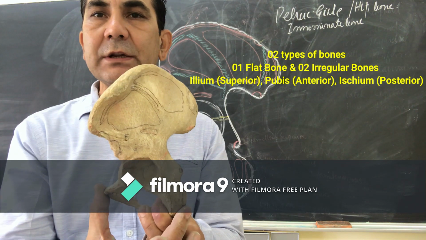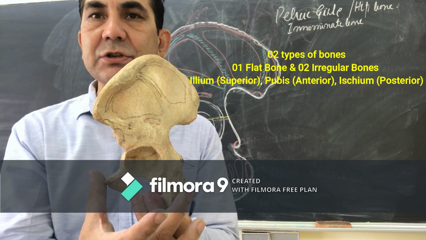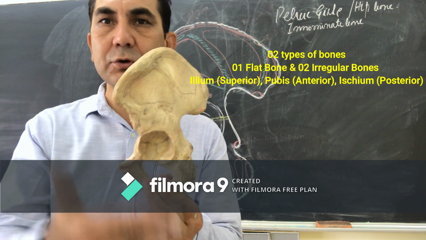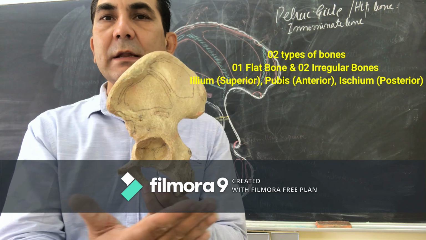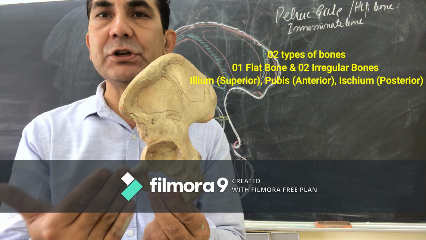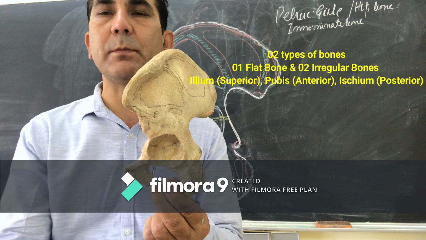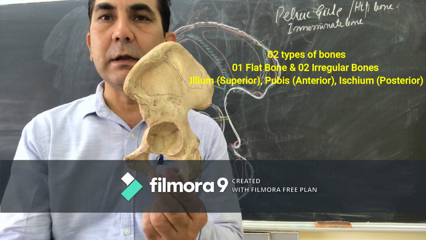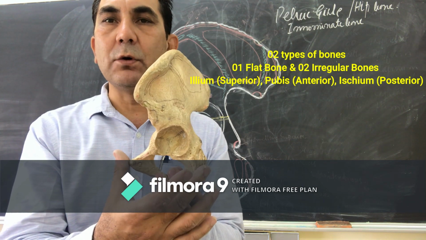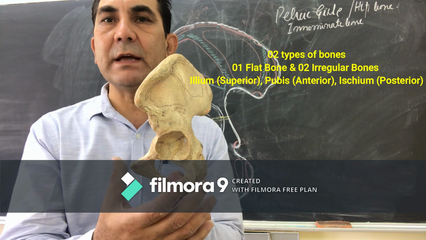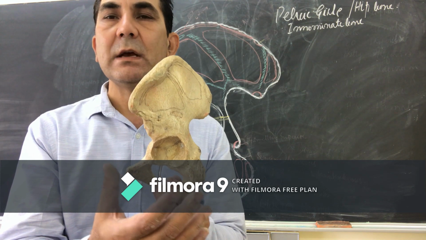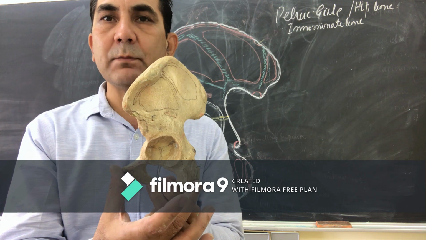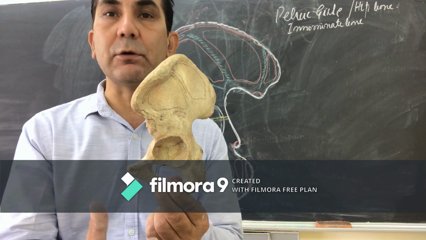Another bone makes up the inferior portion, the posterior and anterior lateral parts of this pelvic girdle. These are called the ischium and the pubis, and both are irregular bones.